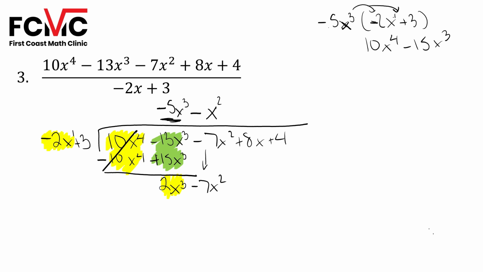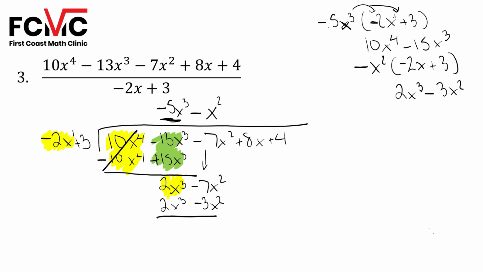So again, if we do that multiplication up here, negative x to the 2nd times negative 2x plus 3, we're going to get positive 2x to the 3rd minus 3x squared. So 2x to the 3rd minus 3x squared.